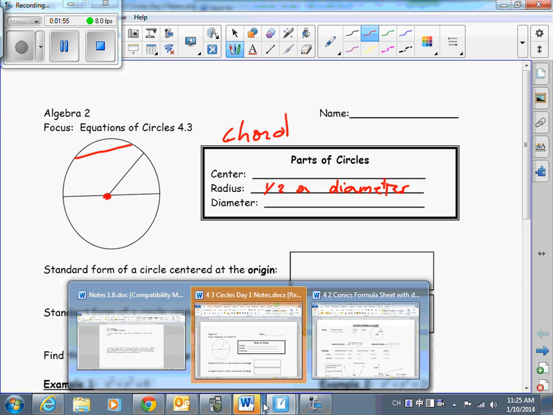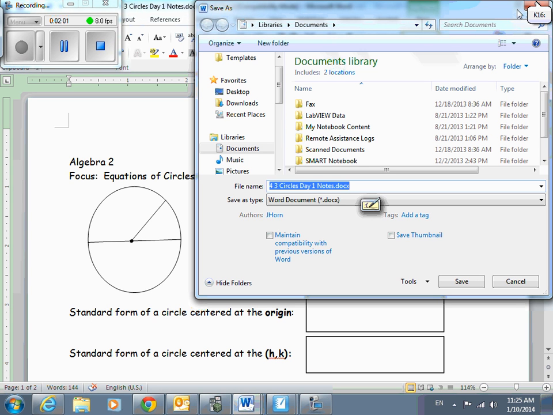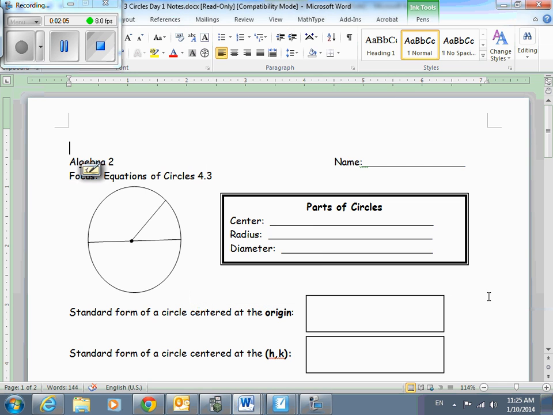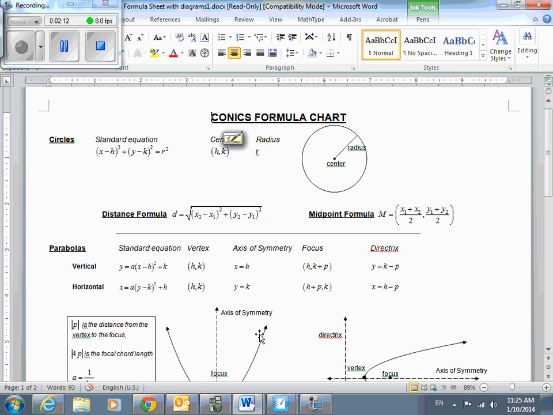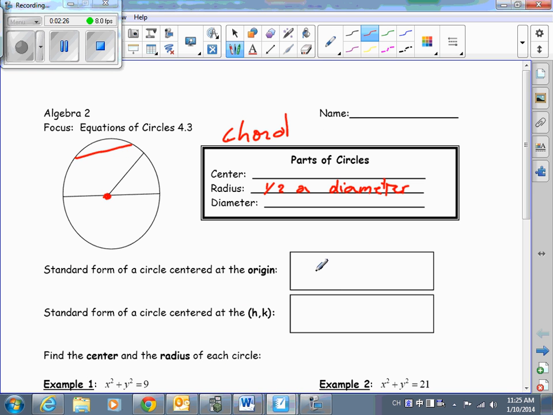This is what you should see, right? Guys, that standard form of the equation is here, but this is the general standard form. But when it's centered at the origin, the equation is like this instead.